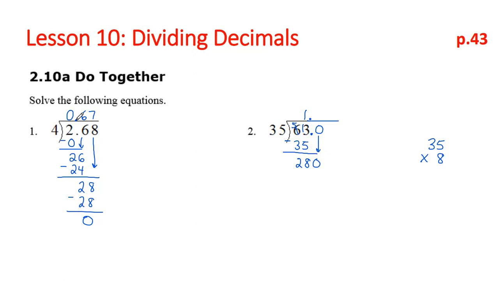But 35 times 8 equals 280. 8 times 5 is 40, and 8 times 3 is 24, plus 4 is 28. So our answer here is 8, and we have done the multiplication on the side, so we receive 280 there, and we subtract and we get our 0 remainder. So 63 divided by 35 is equal to 1.8. Remember, sometimes you have to create the decimal and add zeros in order to keep dividing so that your decimal will terminate.